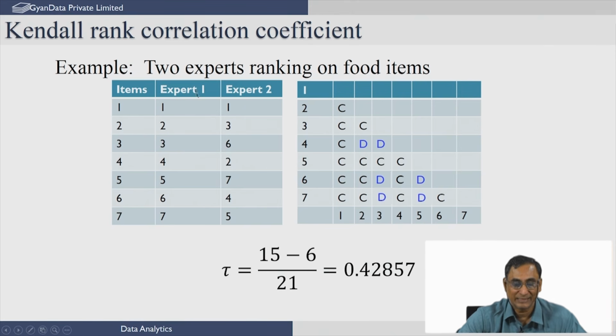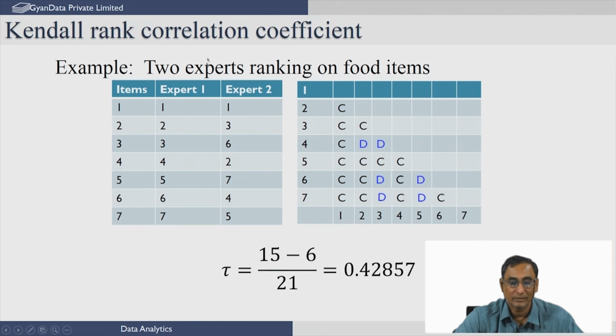So, we are saying x and y are associated with each other, there is a strong association, otherwise it is not strongly associated. Or if expert 2 completely disagrees with expert 1, you might get even negative values. So, a high negative value or high positive value indicates that the two variables x and y in this case are associated with each other.